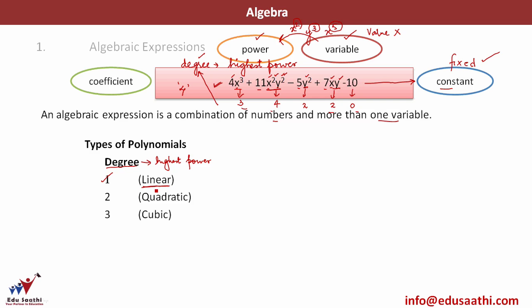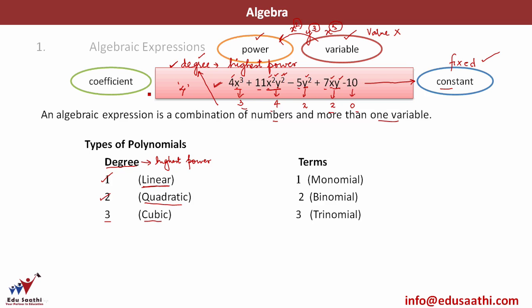If the degree is 2, the expression would be referred to as a quadratic expression. If the degree is 3, it will be termed as a cubic expression and so on. So the degree of an algebraic expression is very important in determining the type of expression and, you can say, the graph of that expression.